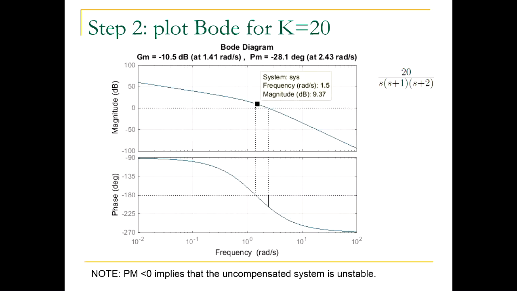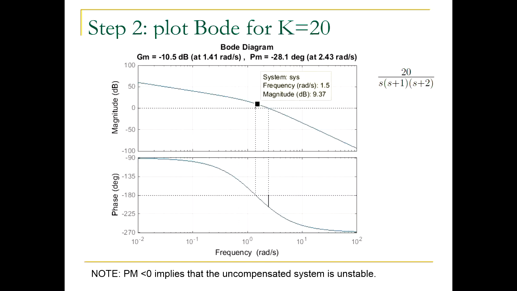He's suggesting, let's pick it exactly at the point where the uncompensated plot crosses minus 180 degrees.